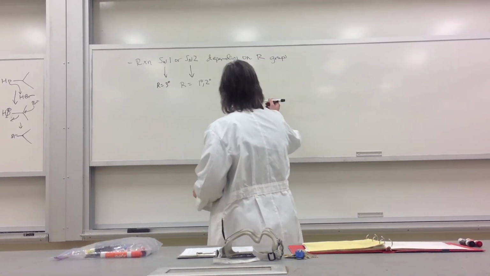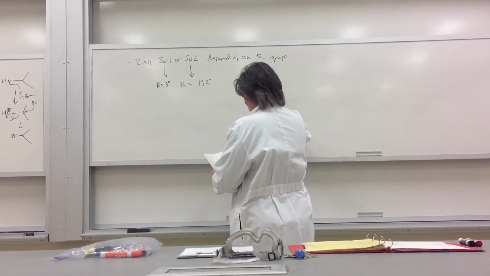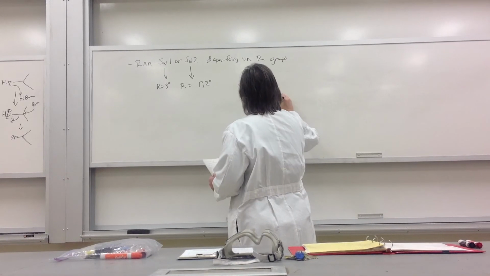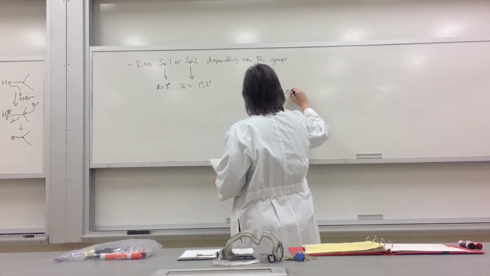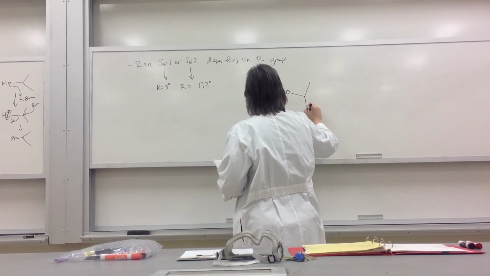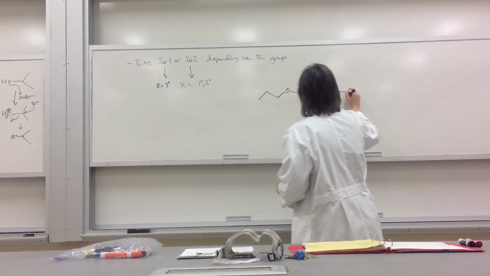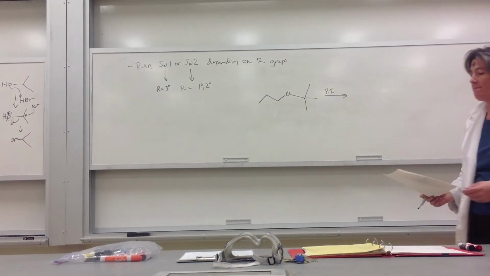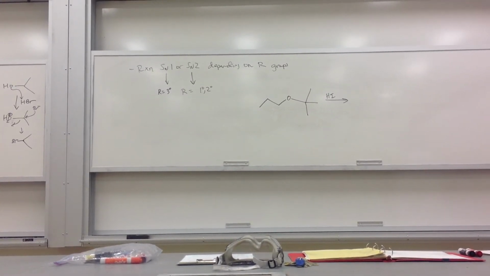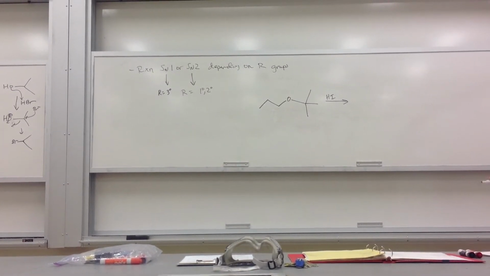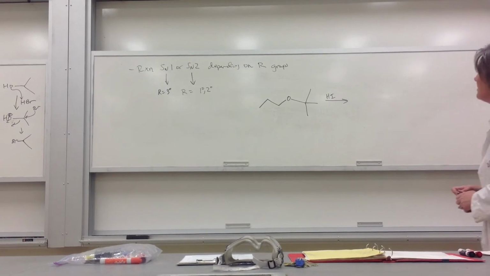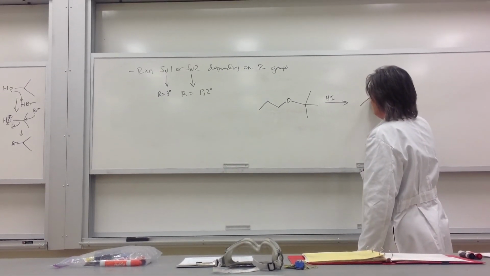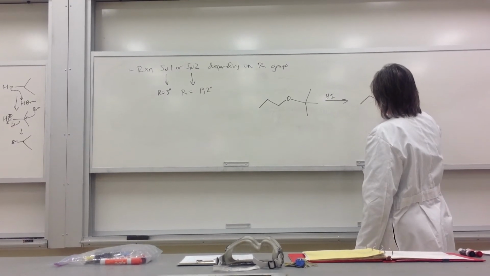So let's do another example. And let's do this one. Take a look at the products. Let's do HI. Okay. First thing that will happen is I'll make this one.